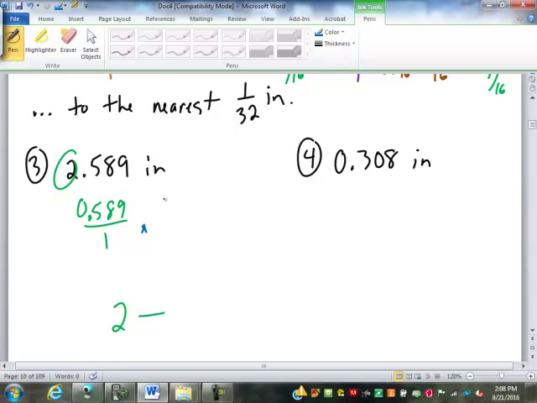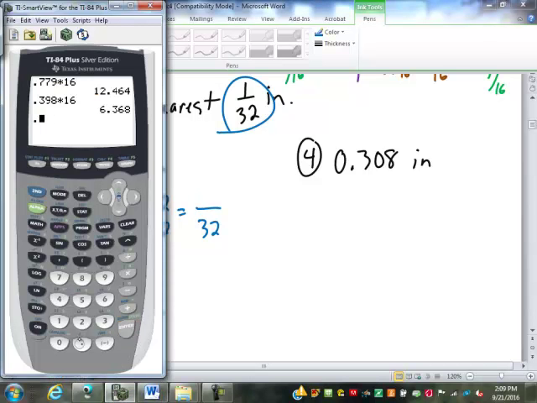Careful. 32, good. I knew I'd catch somebody on that one. Okay, so 1 times 32 is 32 for my denominator. 0.589 times 32 is 18.848. Good, thank you.